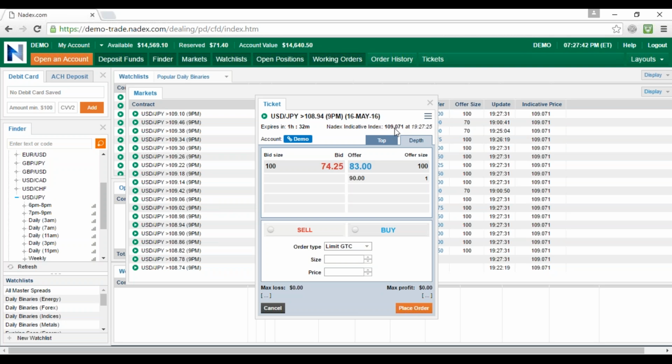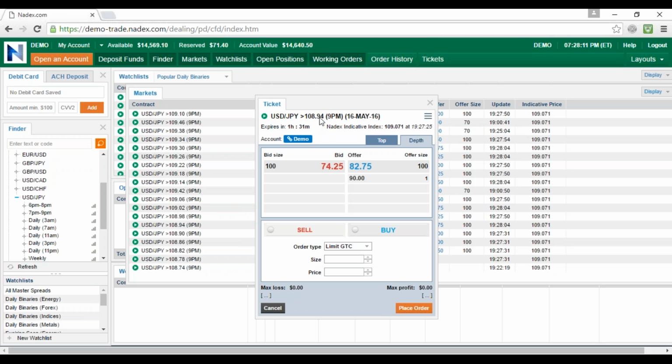It's already greater than. The market is already above this price, right? So as long as the market stays above that price, or keeps going up, or even comes down but doesn't come all the way down here, this binary will win and expire worth $100. So that's why it's priced a little higher. That's why it's priced closer to 100, because the statement's already true.